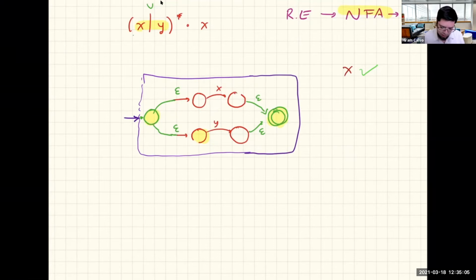If I have more than one final state, I just join them into a single one by using epsilons. Yes, is this step clear? So that my boxes will always have only one initial state and one accept state. That can be guaranteed, it can always be built. We are able to do this at each step.